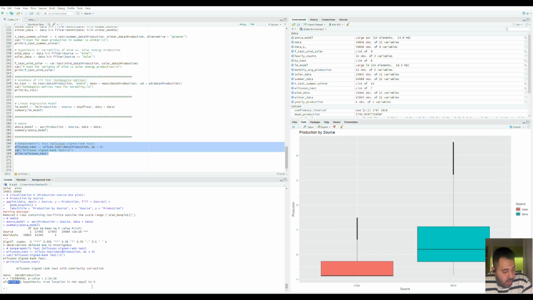So overall, I think the results suggest that there is strong evidence to conclude that the median production value is not equal to 0.